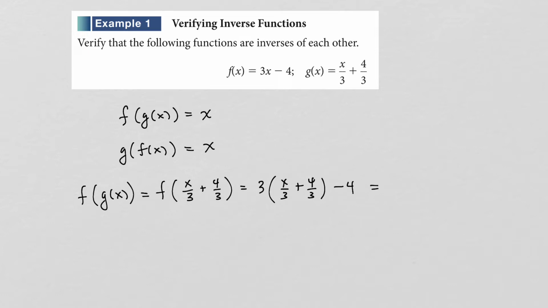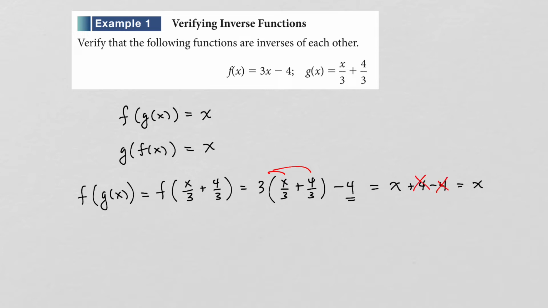Now we just need to simplify. If we distribute the 3 here, we get 3 times x over 3, which is x. And then we have 3 times 4 thirds, which is positive 4. And then we have the negative 4 here. And you can see that this is indeed x after these two terms here cancel out.